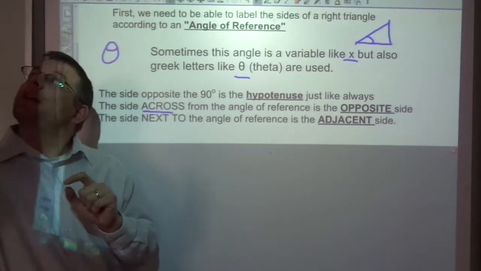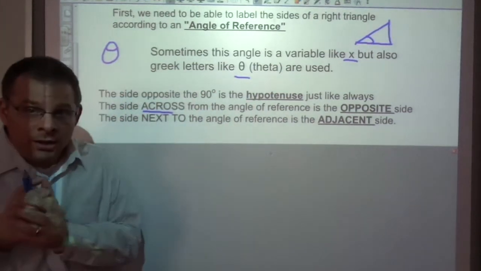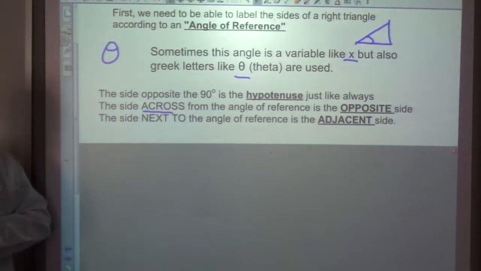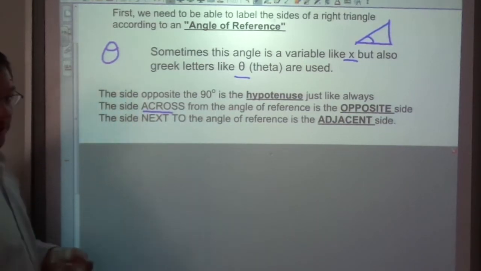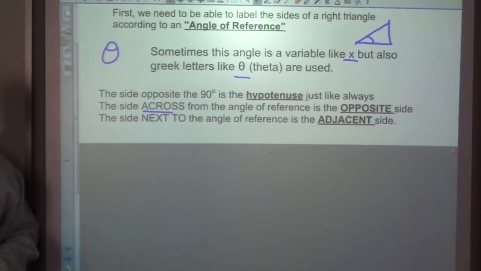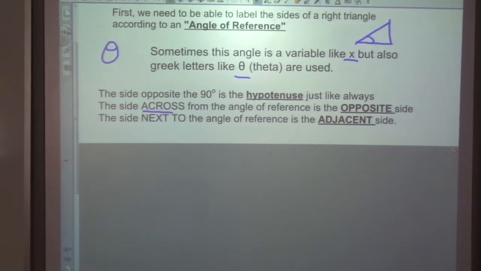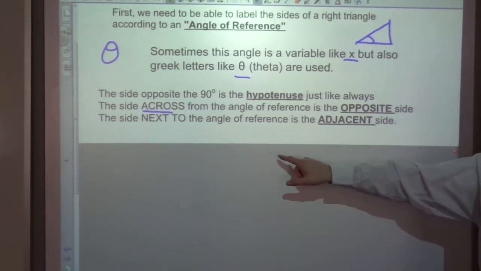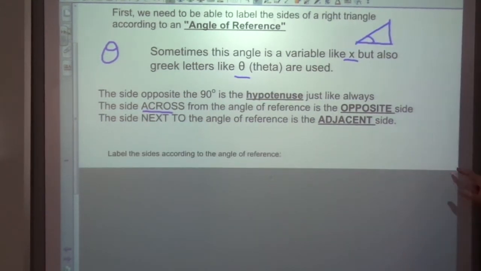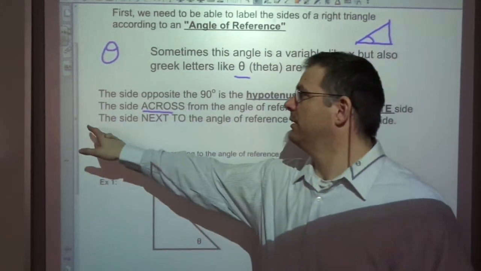And the one right next to me is called the adjacent side. Adjacent means next to. So this is important. All we're going to work on first is naming the sides of the triangles according to this angle of reference. Hypotenuse, opposite, adjacent. I will show you with some examples here.